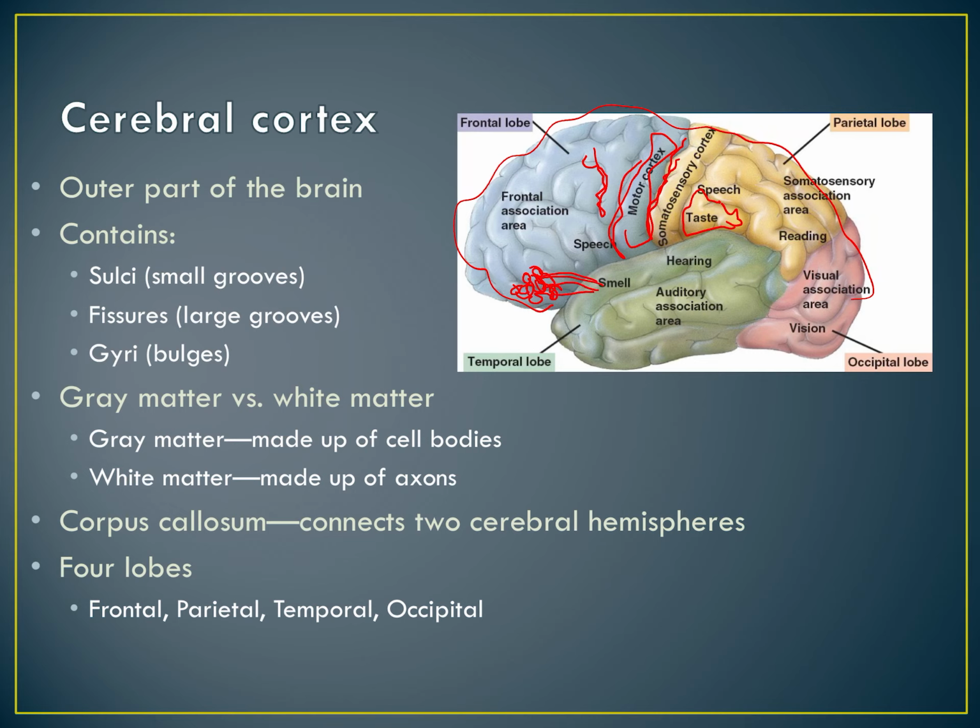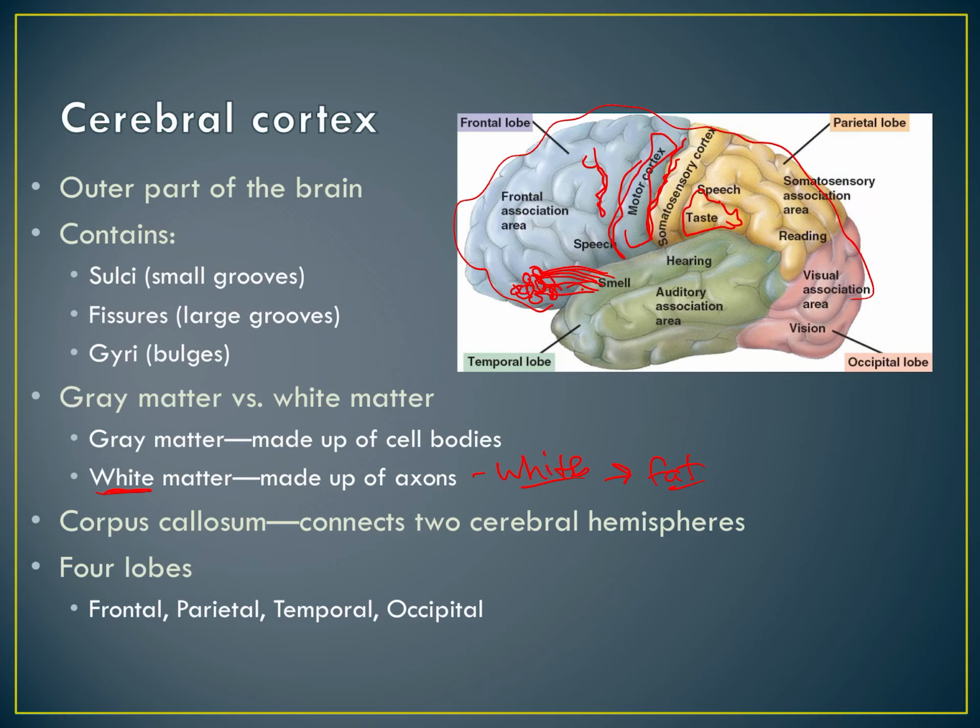And then we have these projections, these axons here. Now the axons are made up of fat, right? Because it's myelin sheaths. Now the fat in a human brain looks white, okay? And so this is the reason why we call it white matter, because it actually looks white. Because the axons are made up of fat, this looks white. So white matter is made up of those fatty axons.